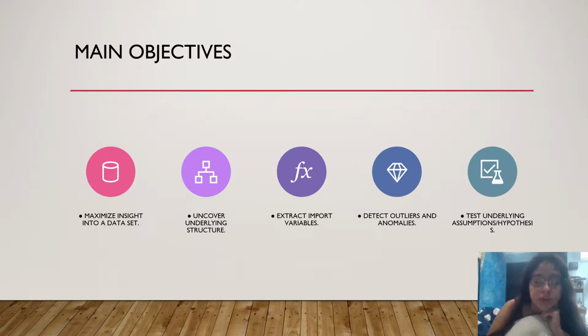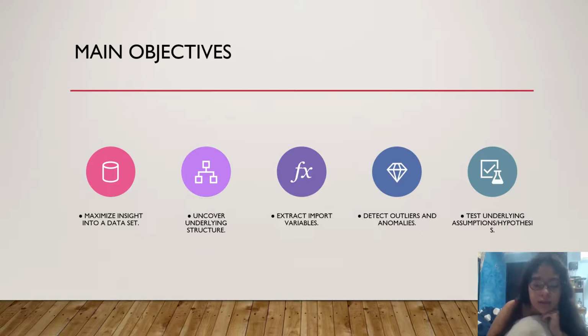The main objectives of this tutorial, or the EDA, are the following. The most important is to find out the insights into a dataset. Another important one is the tier 1, which says extract important variables.